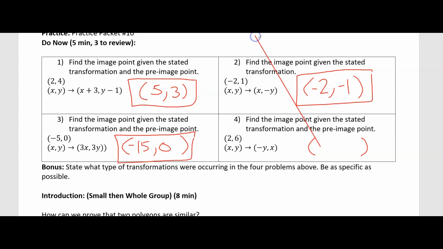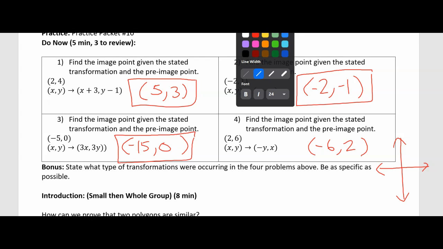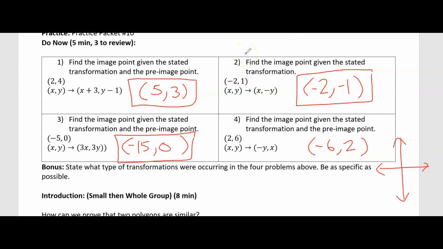So we end up getting -6, 2 here. And again, this might be hard to think about if you are just trying to do it in your head. But if we think about what's going on a coordinate plane here, we start off with 2, 6, which is somewhere up here. Then we have -6, 2.